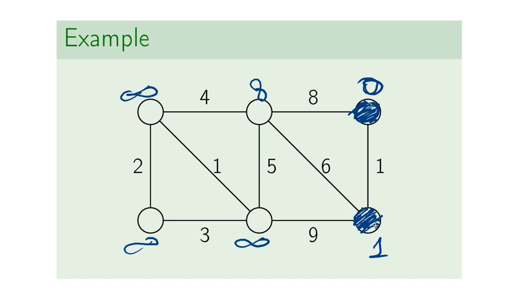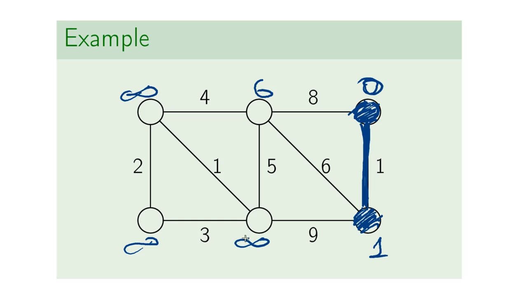So our current tree looks as follows. Now we need to process all the edges that go out of this tree. Namely, when we add a new vertex, we need to check whether new vertices can be attached to it. First we see that there is an edge of weight 6, so we change the priority of this vertex to 6, because it now can be attached to the current tree by the edge of weight 6.